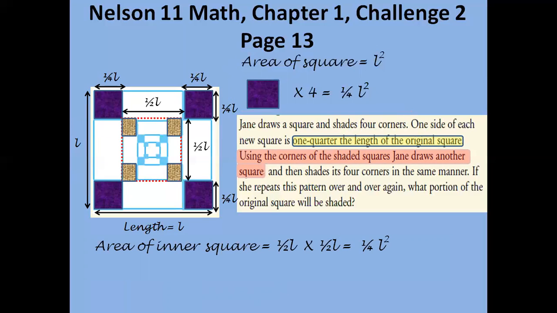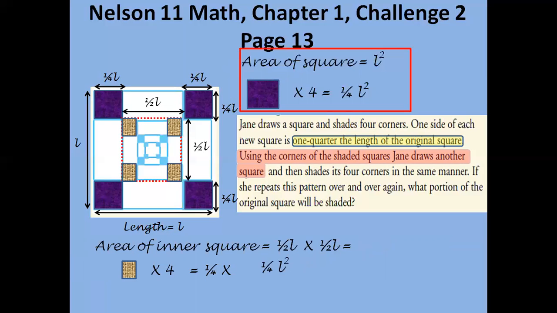And you see the relation here for the outer square. If the area of a square was L square, the shaded portion was 1/4 of L square. So the inner square is also following the same pattern. The total area of the shaded portions of the inner square will be 1/4 of the area of the inner square, which comes out to be 1/16 of L square.